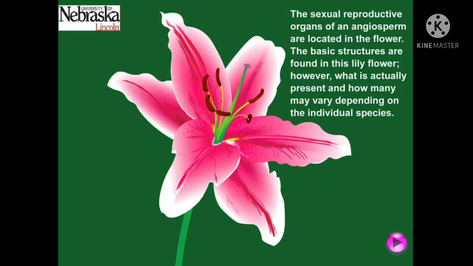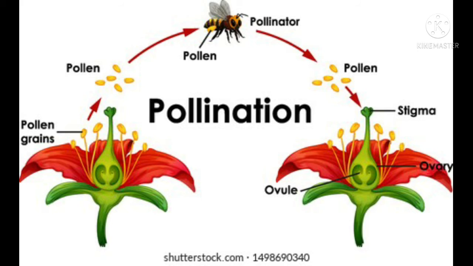These pollen grains are transferred to the female part, the pistil, at the stigma, where the stigma is sticky. With the help of an insect, this process of transferring pollen grains from the stamen to the stigma is called pollination. From the stigma, the pollen grains are transferred to the style.